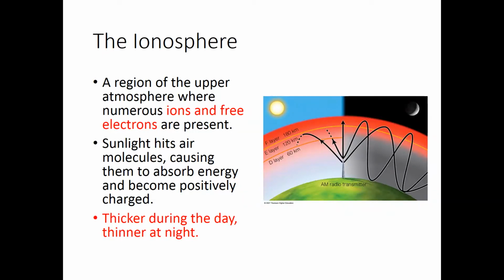The way this works is when you're in the upper atmosphere, approximately the mesosphere and the thermosphere, there are very few molecules. However, those molecules, when the sun hits them, absorb substantial amounts of radiation and they get very excited. Think about what you do when you get excited.